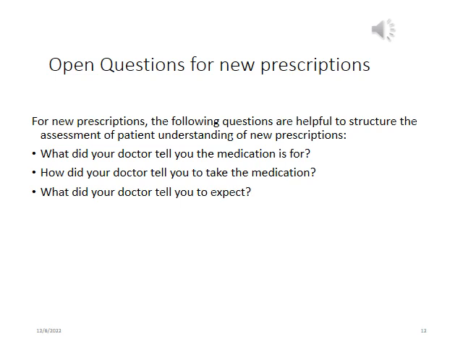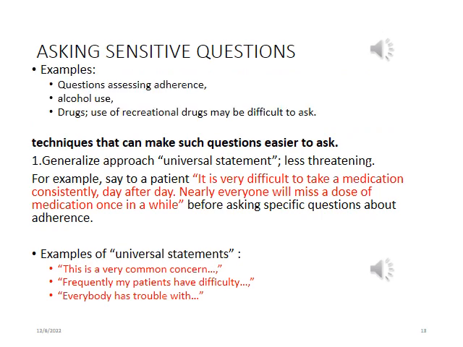For new prescriptions, always try to use open questions rather than closed-ended ones, because this is a new patient and you have to assess the patient's understanding about his new prescription. You have to ask him, for example, what did your doctor tell you about your medication? And for example, what did your doctor tell you to expect? And so on.